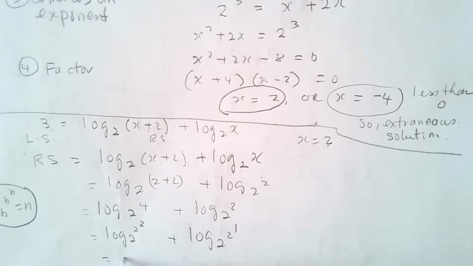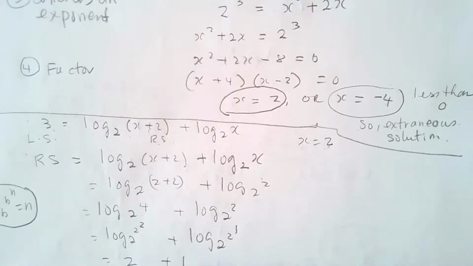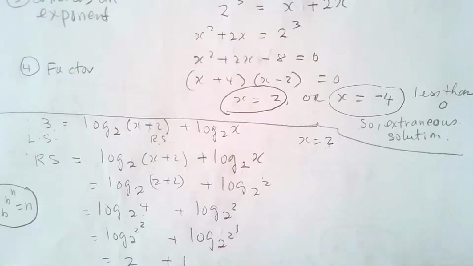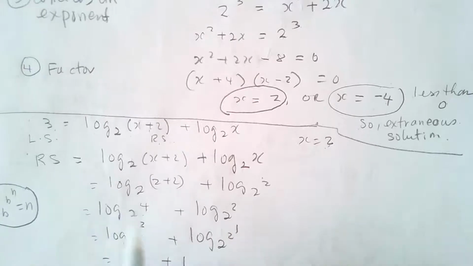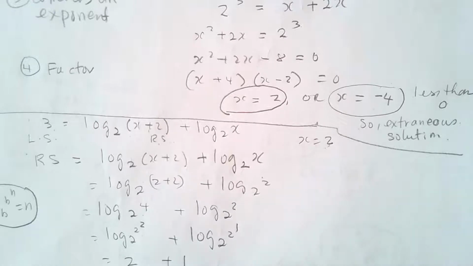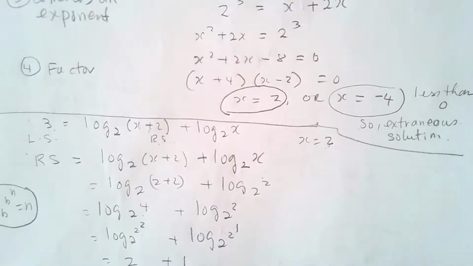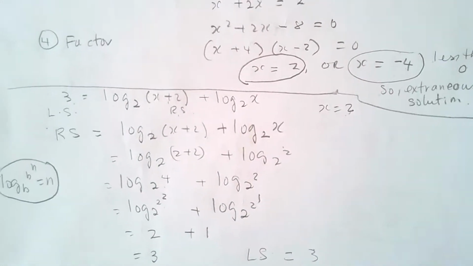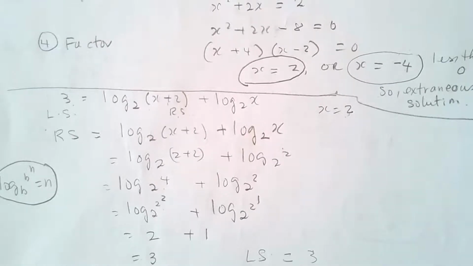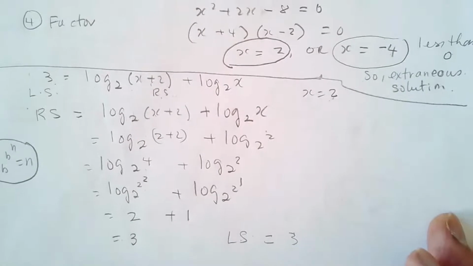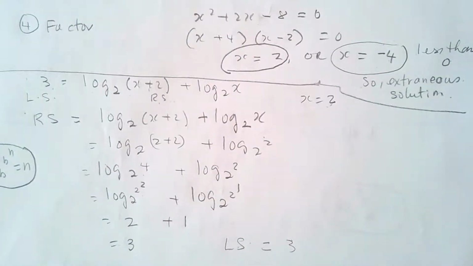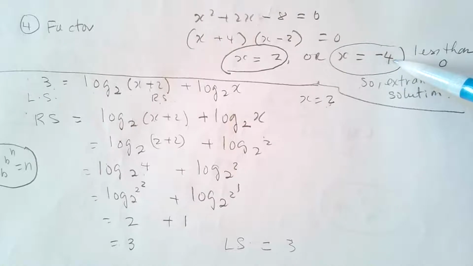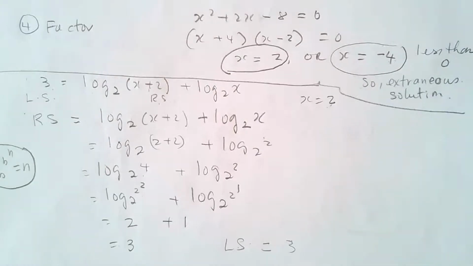So this will give me 2 plus 1. So 3. So the right side is equal to 3, which is equal to the left side, which is also 3. So this is verifying your solution. Now, if you were to use -4, you'll find it is not valid.